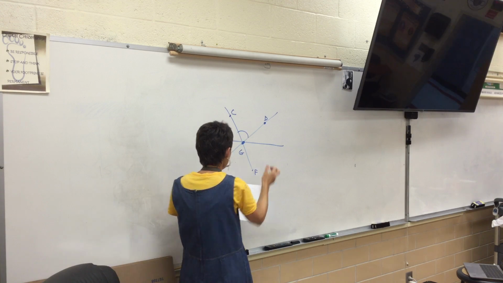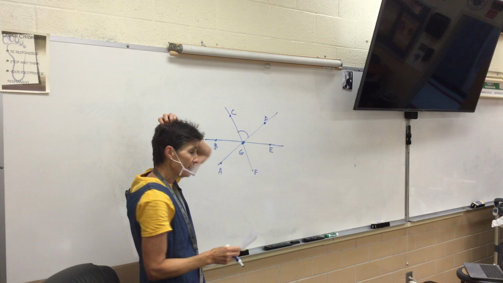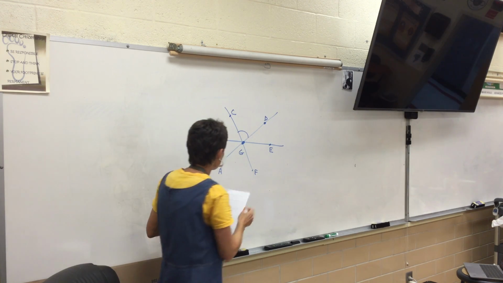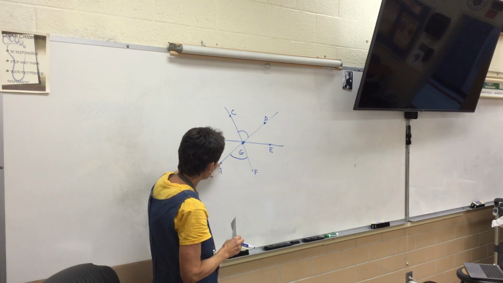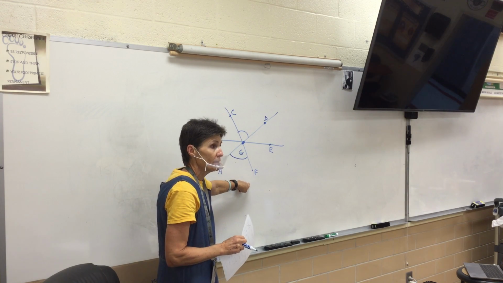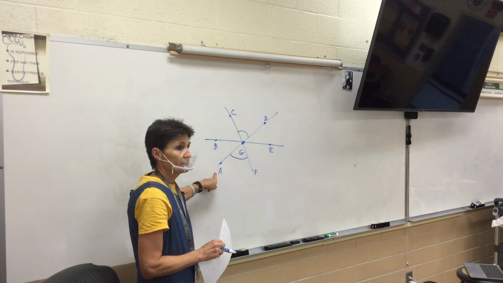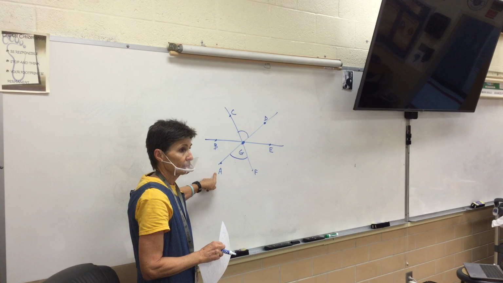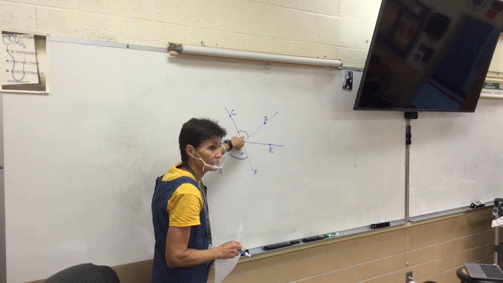Can anybody name an angle vertical to that one? What would be a vertical? Dana? AGF. Beautiful. Now, Dana said angle AGF. Could she have said FGA? Yes. Vertical angles. Everybody see it right there?